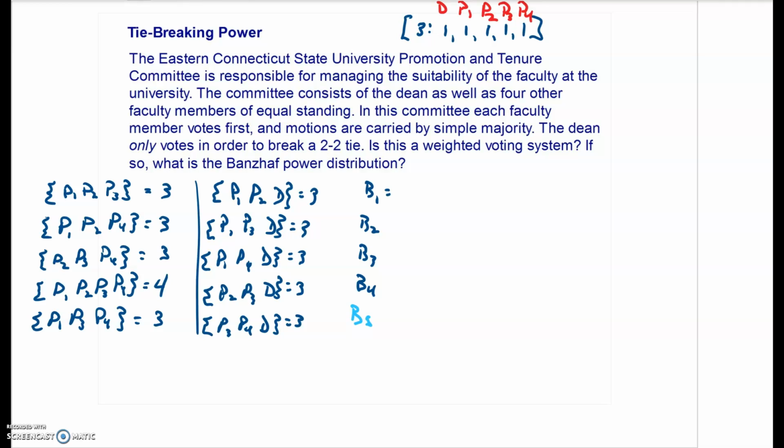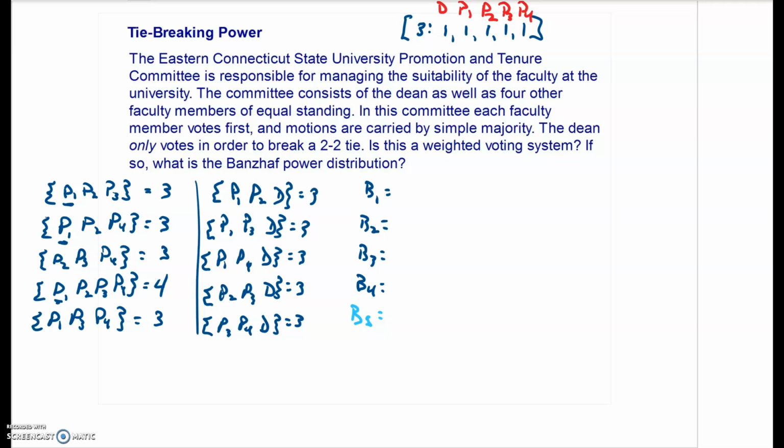To find Banzhaf 1, remember what we need to do is find all of the coalitions that have a player 1, and determine whether they are critical. So here, yes, player 1 is critical. Here, yes, player 1 is critical.